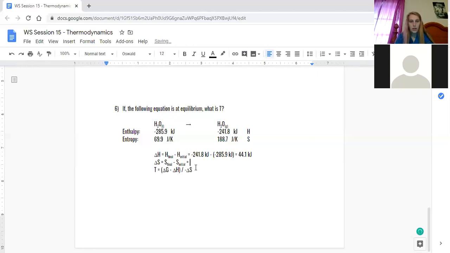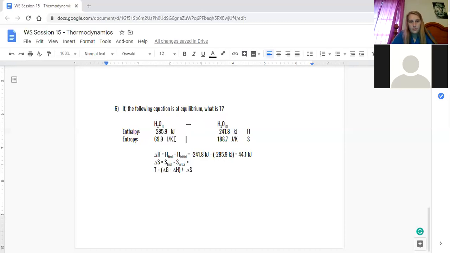Just like before, we're going to have to change these into kilojoules again. Yes, change it to kilojoules every time if they have both kilojoules and joules, unless you're asked for a specific unit; if you ask for joules, you can change the other one to match. But we'll change this into kilojoules.